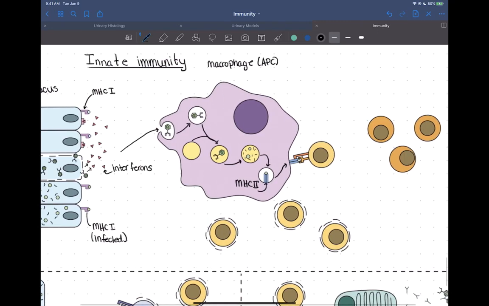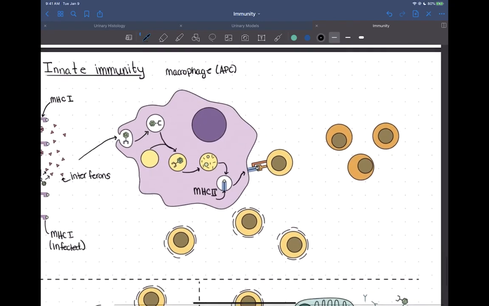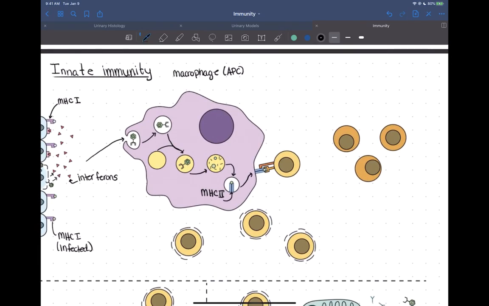Now this is where the innate immune system reaches out and starts talking to the adaptive immune system. So over here we start with the adaptive immunity.